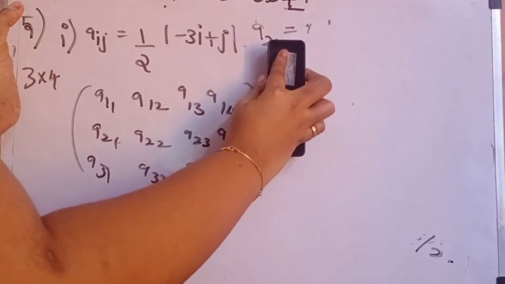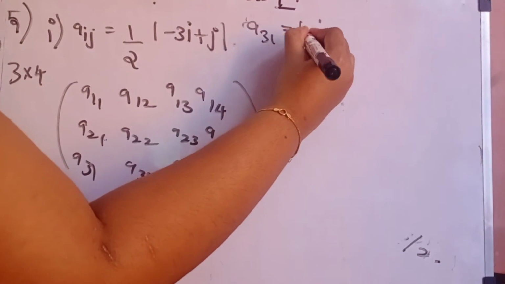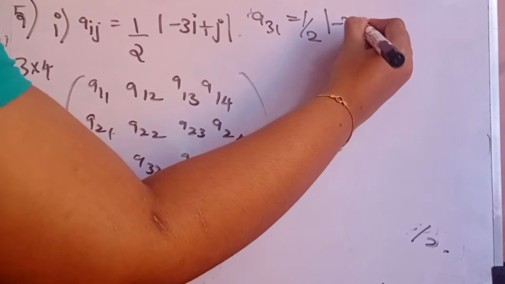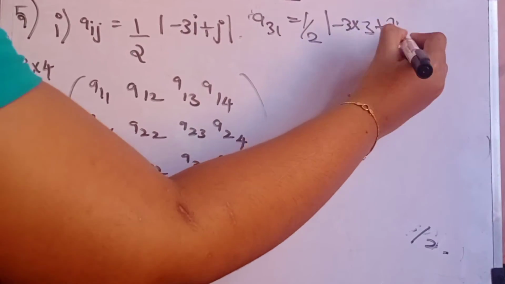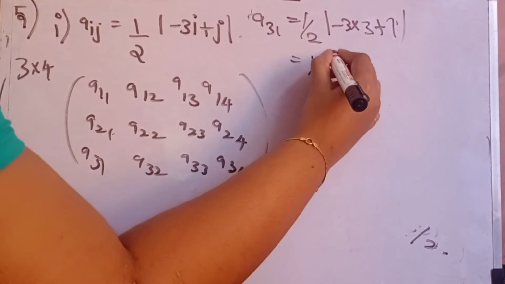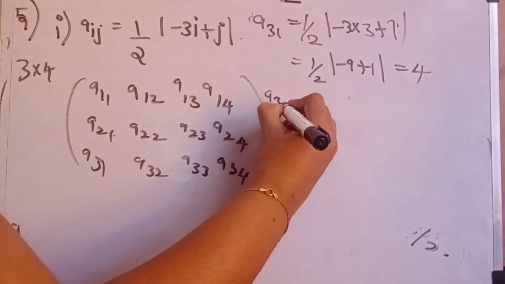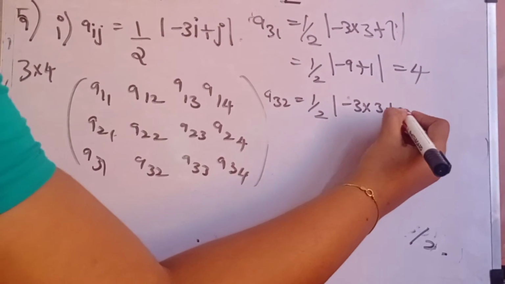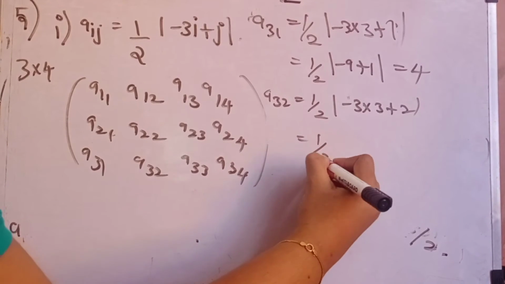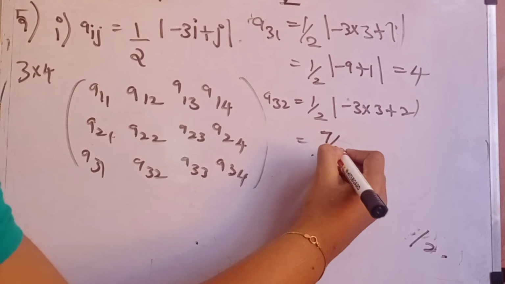So for the last row, A31 is 1 by 2 minus 3 into 3 plus 1. So 1 by 2 minus 9 plus 1 is 8 by 2, 4. A32 is 1 by 2 minus 3 into 3 plus 2. So 3 3s are 9 plus 2, 7 by 2.